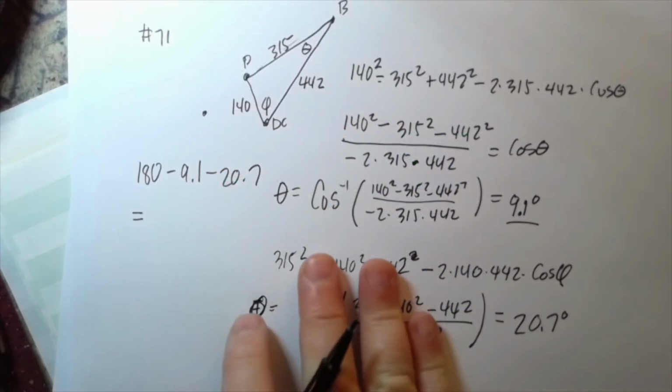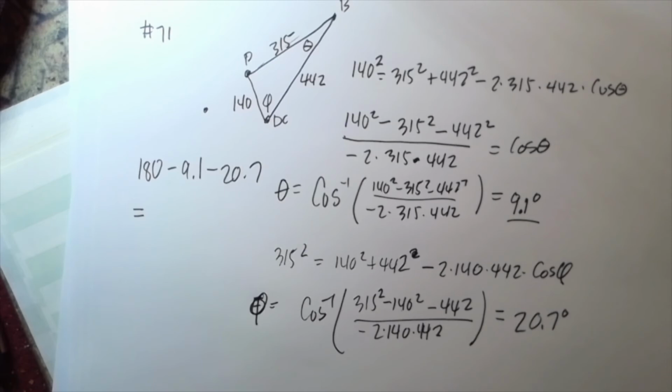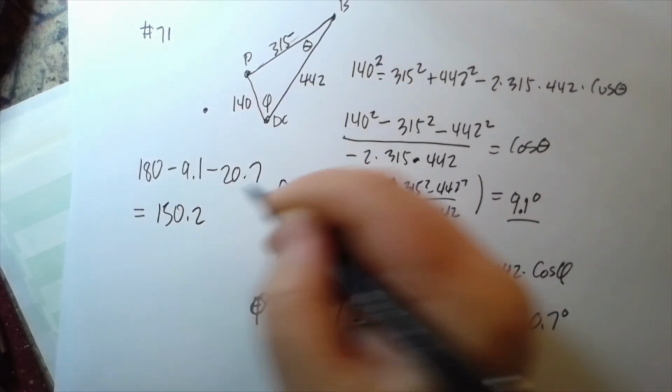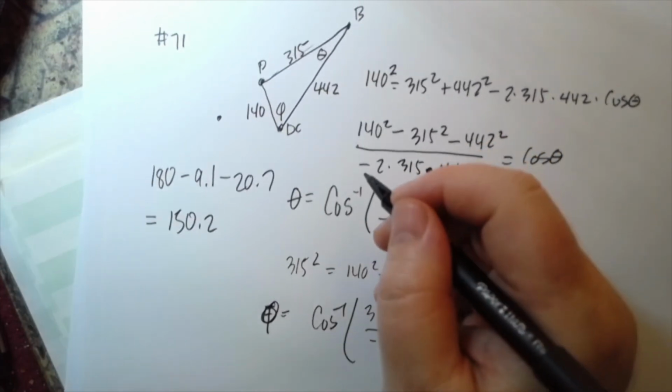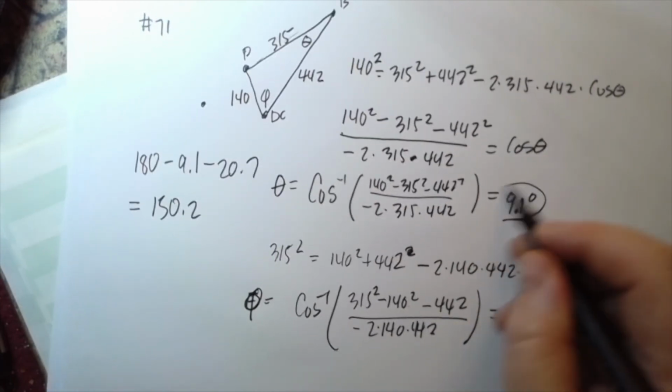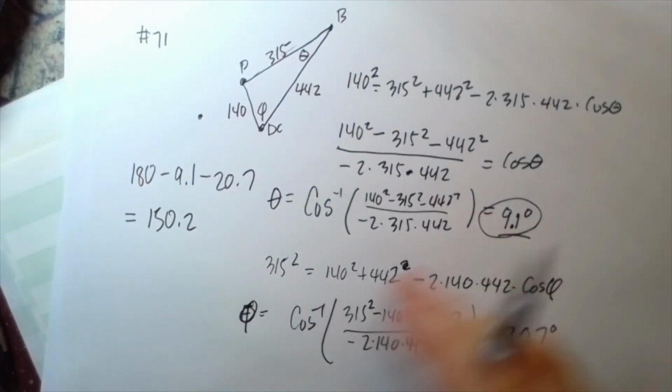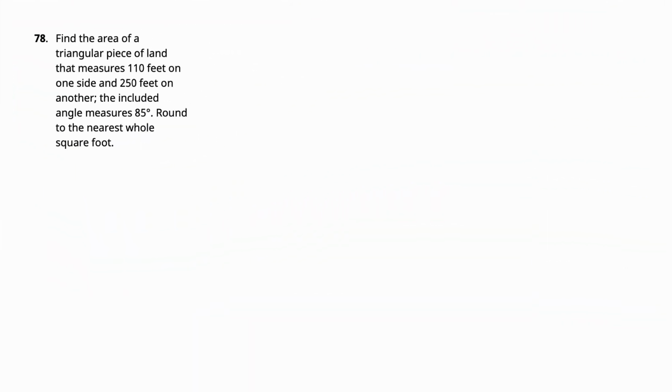So that gave me, what did it give me? 150.2. And we have our three different angles. We have 9.1 degrees, we have 20.7, and we have 150.2. And this is an application of Heron's theorem because they're looking for the area.